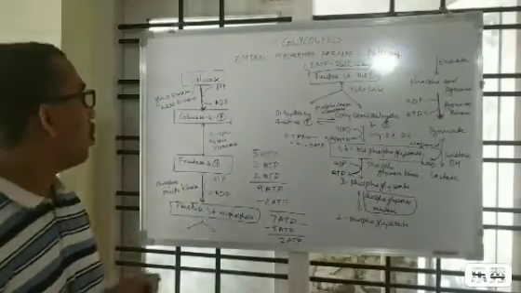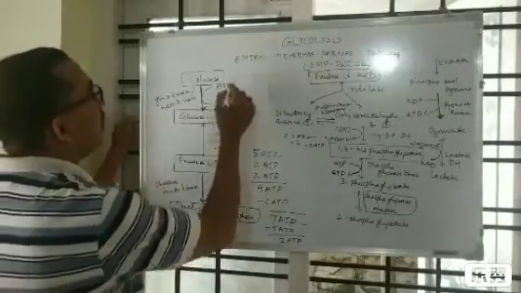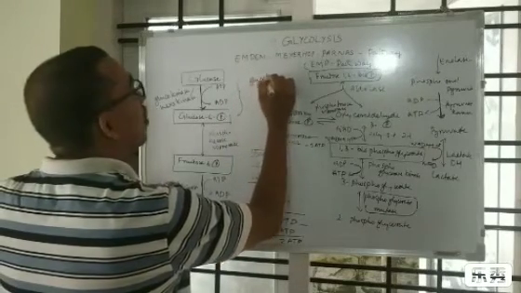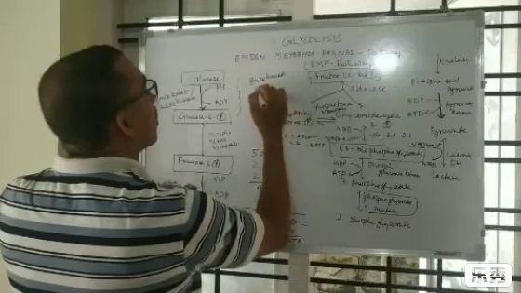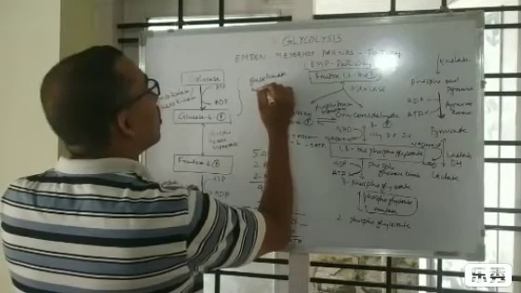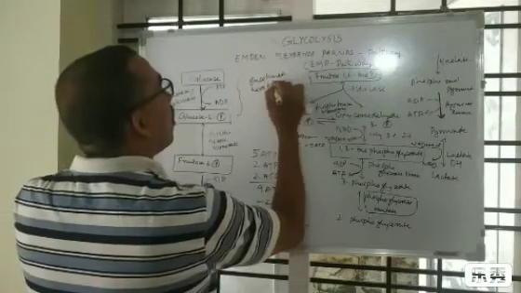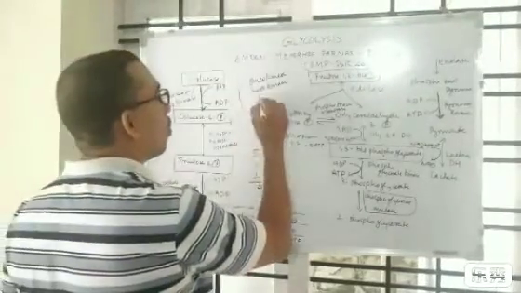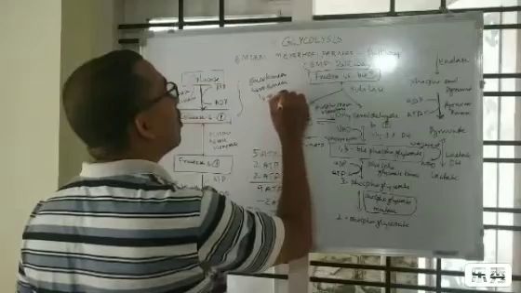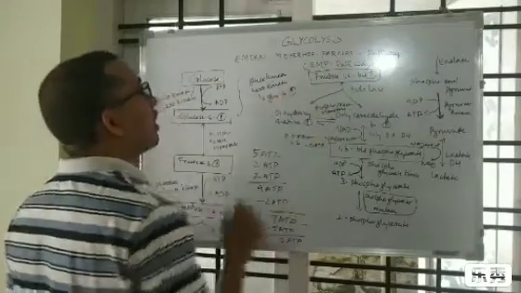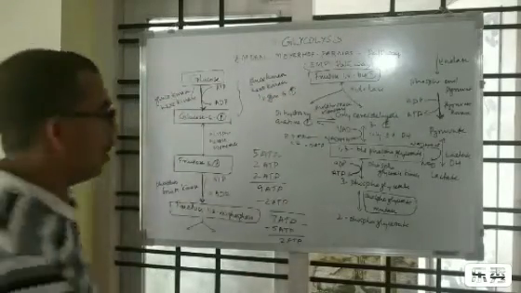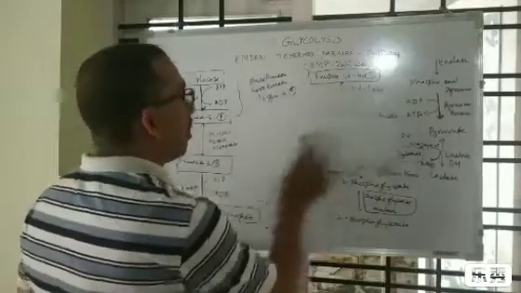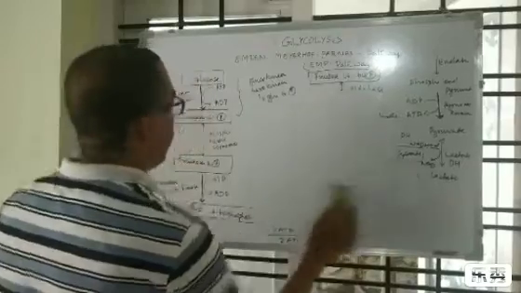The first regulatory enzymes are glucokinase and hexokinase. The hexokinase enzyme is inhibited by glucose 6-phosphate.